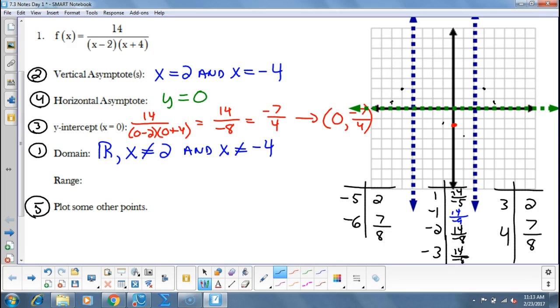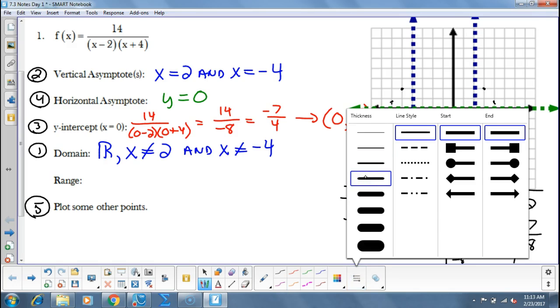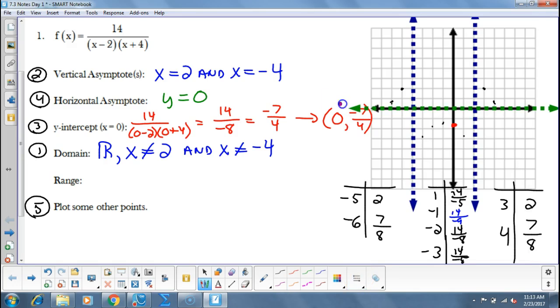And then we came back down, and then we came back down again. Okay, so my function should look like that, correct?